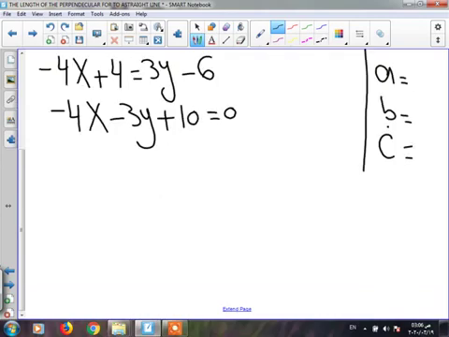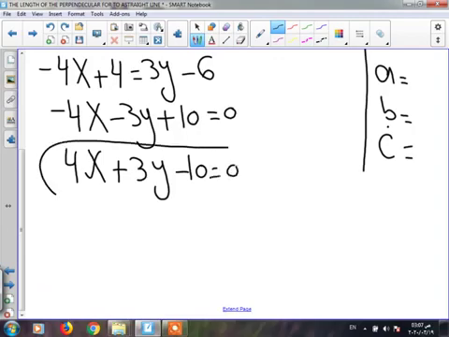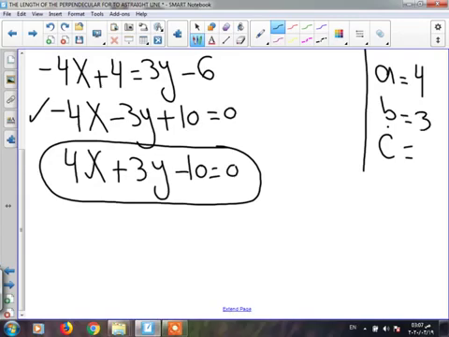To make it easier, you will multiply by negative 1. It will be 4x plus 3y minus 10 equals 0. So this is our equation. If we deal with this equation, it will be right. And now A will be 4, and B will be 3, and C will be negative 10. Let's find the length.